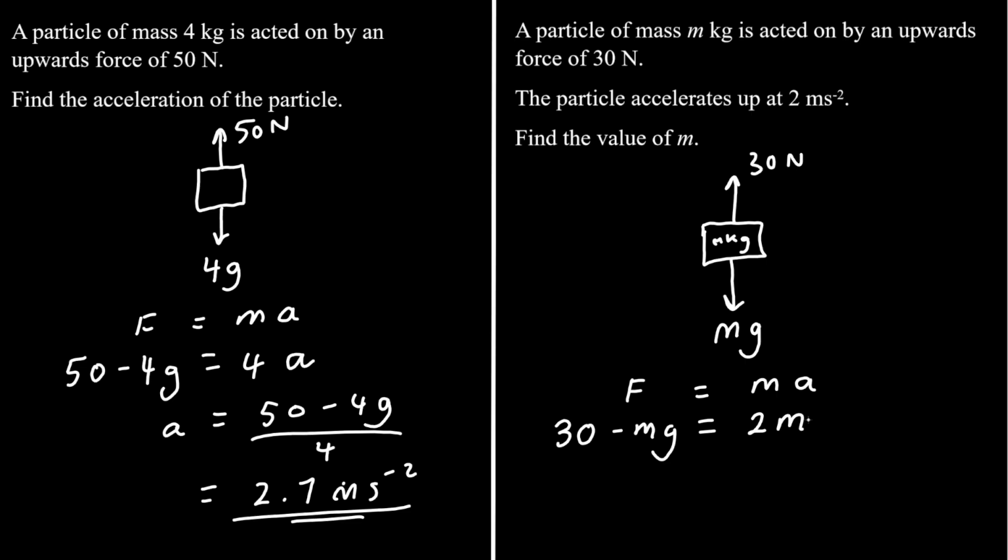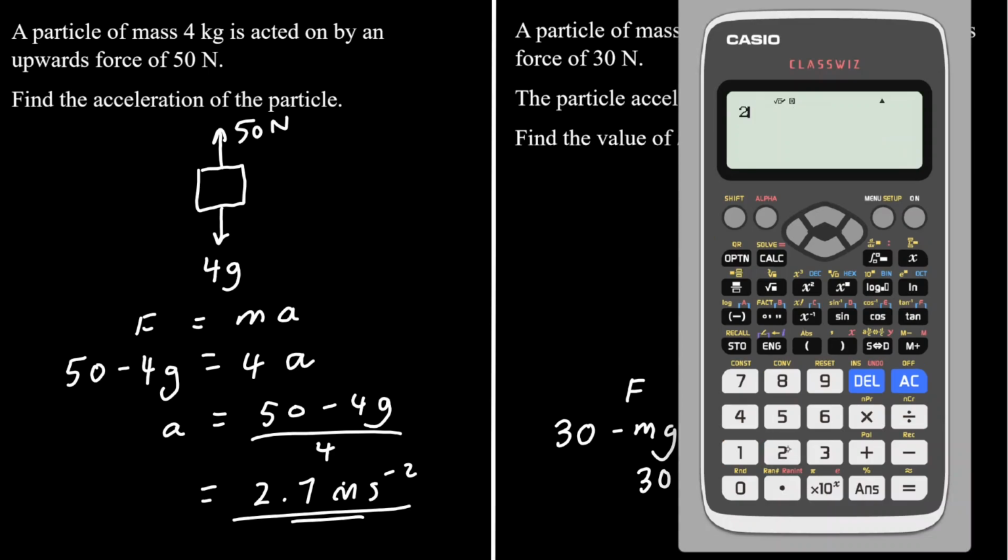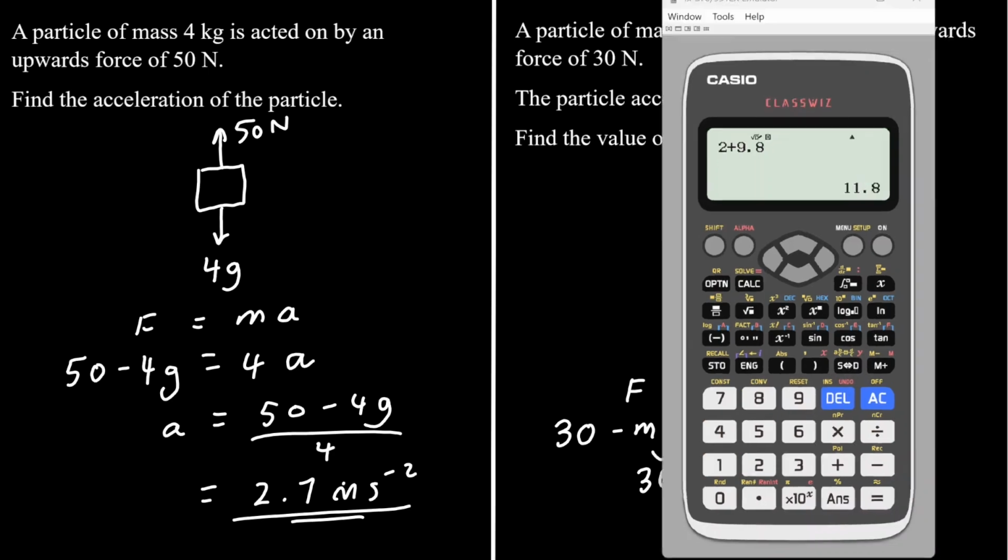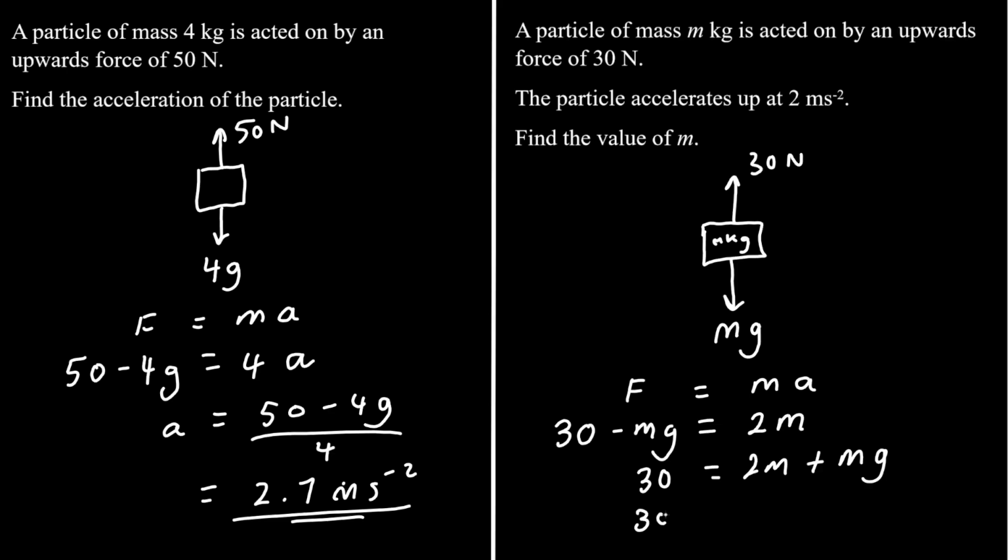We want to get m by itself, so 30 equals 2m plus mg. We can change g into 9.8, so it's 2m's plus 9.8 m's. 2 plus 9.8 is 11.8. So 30 equals 11.8 times m.